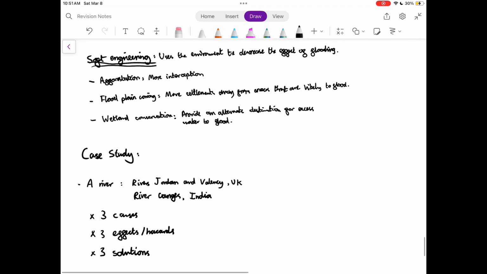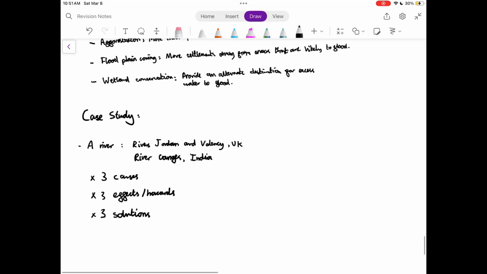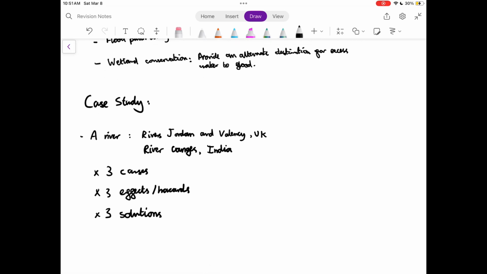Okay, so now I'll briefly go through the case study and what you need to know for your case study for rivers. So your case study for this topic is a river, so this can be the River Jordan, Valency in the UK, the River Ganges in India, or any other river. But I would just double check with your teacher to make sure that it's an appropriate river to use for your case study.